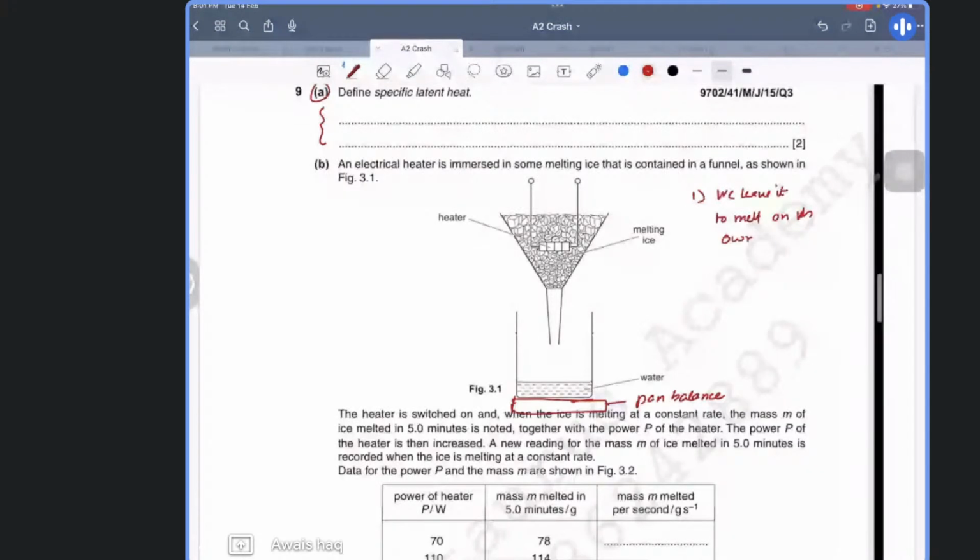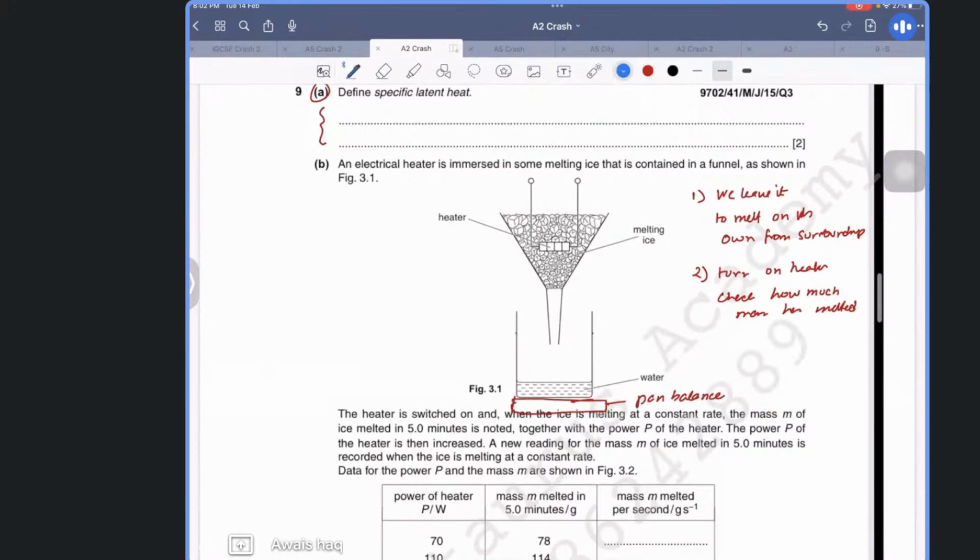And the reason we do that is because we want to find how much mass melts because of the surrounding. And then what you do is you turn on the heater, check how much mass has melted.